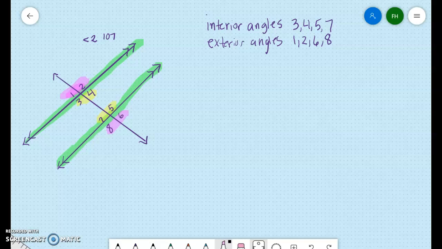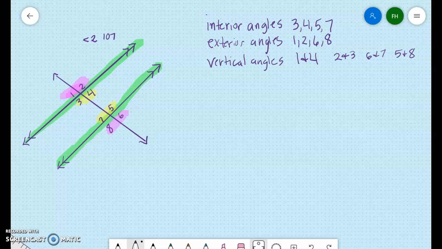So vertical angles kind of form an X. So for example, 1 and 4 are vertical angles of each other, and then 2 and 3, and 6 and 7, and then 5 and 8. Those are all your vertical angles.